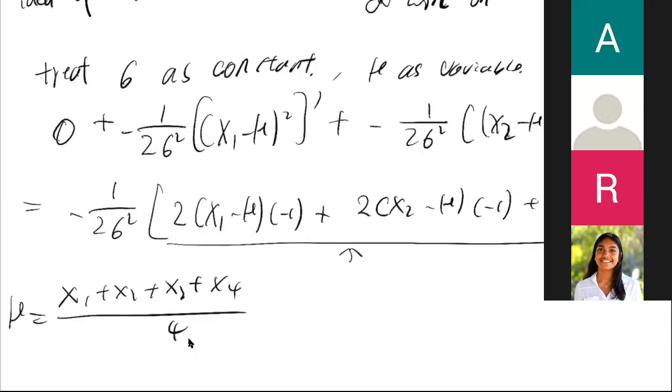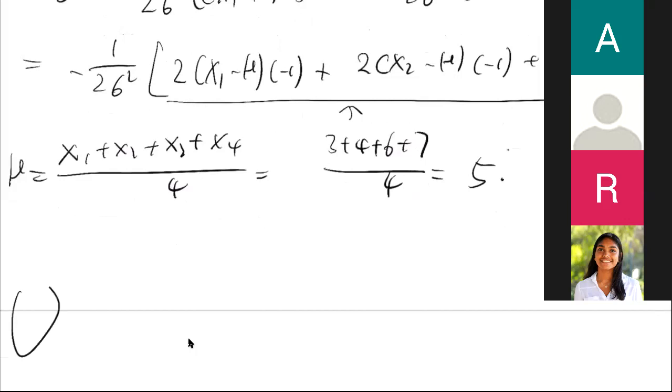We are given that x1 is equal to 3, x2 is 4, x3 is 6, and x4 is 7. So we just plug it in. That's just (3 plus 4 plus 6 plus 7) over 4, which is 5.